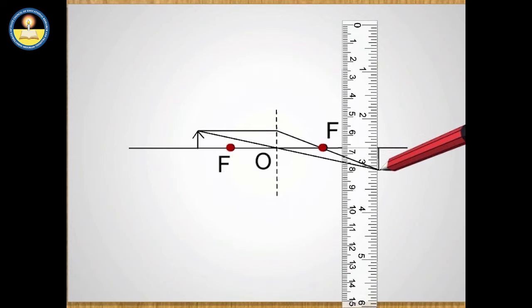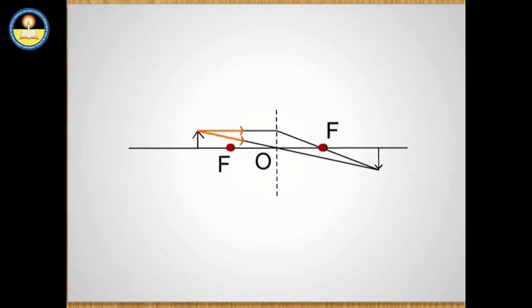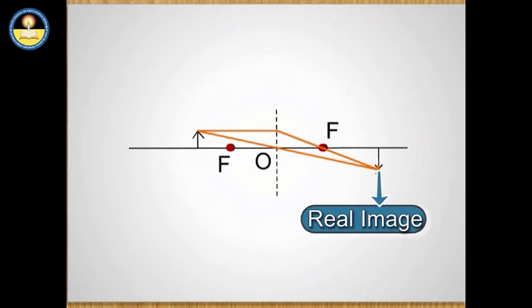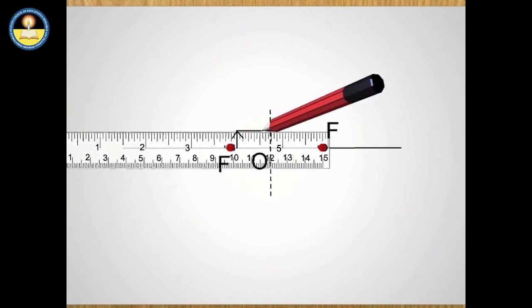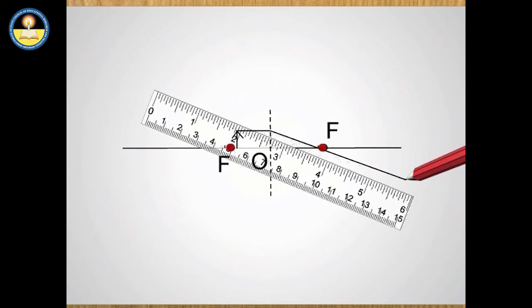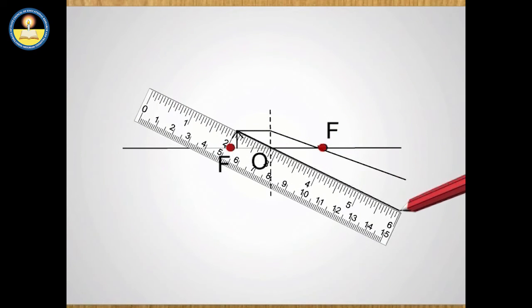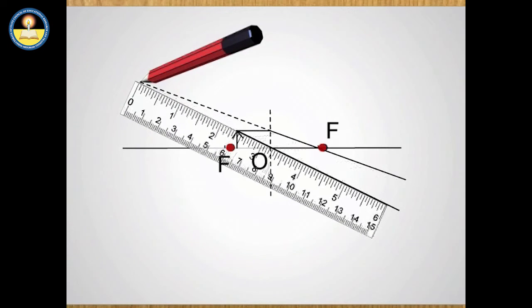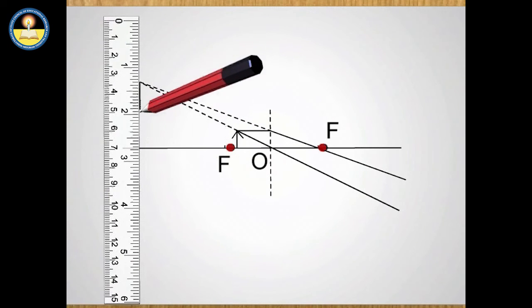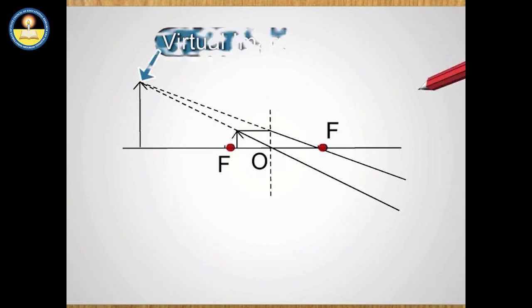If the two rays or lines actually intersect at a point, then the point will act as the top point of the image. But if the two lines do not intersect at a point, then one can obtain the point of intersection by drawing the two lines in backward direction.